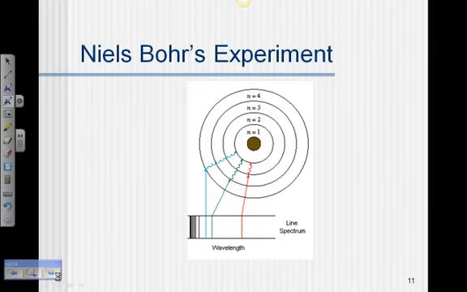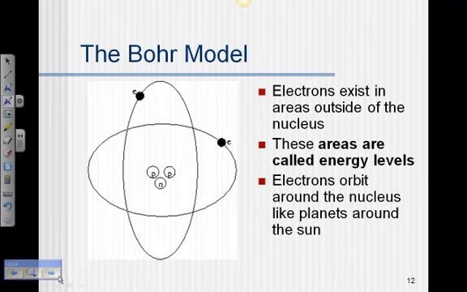And so we can now realize that electrons exist outside of the nucleus, and we also know that the electrons can exist in specific energy levels around the nucleus.